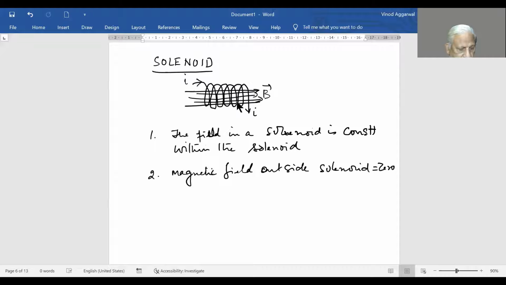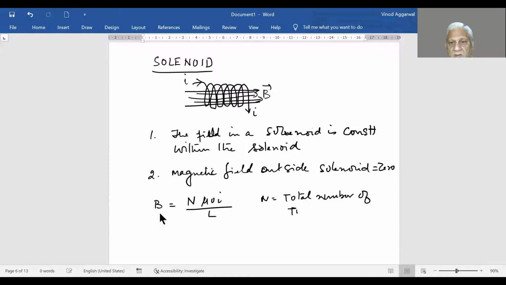And the magnetic field produced in a solenoid is equal to, B is the magnetic field, N is the total number of turns. You may have 1 turn, 2 turns, or whatever number of turns you have.